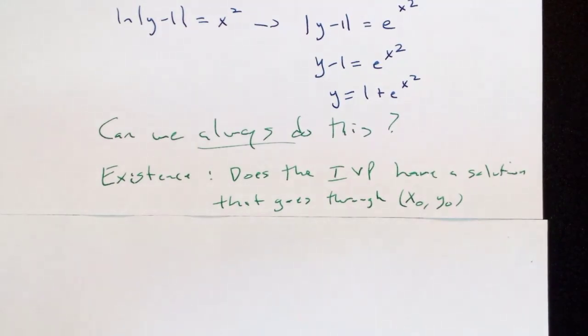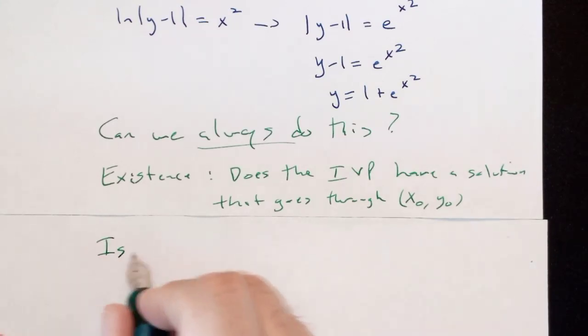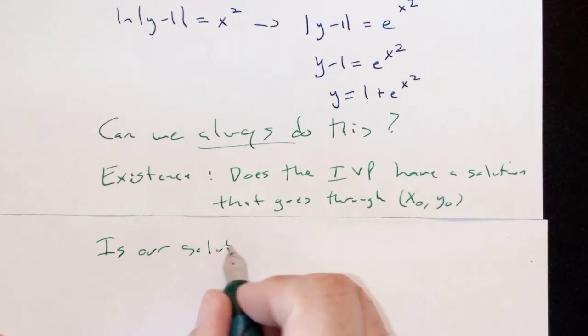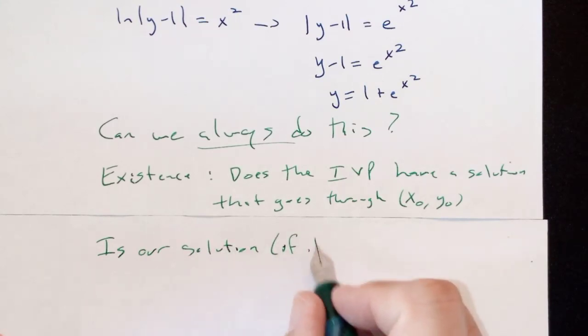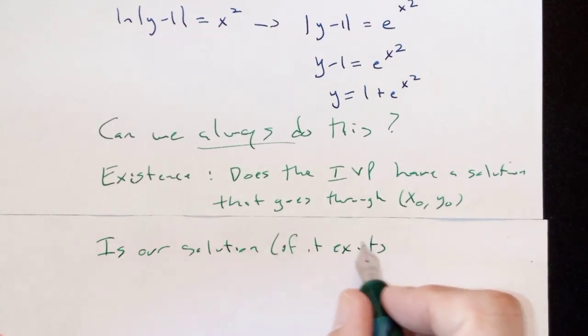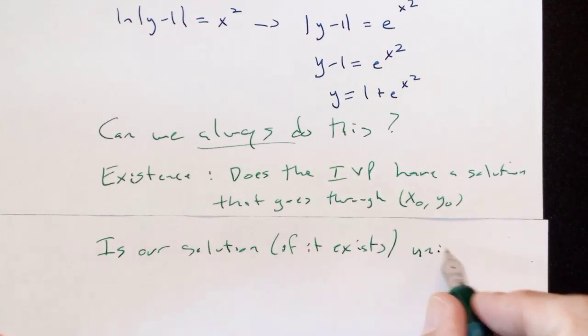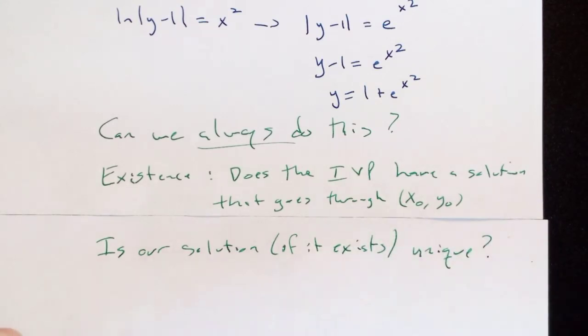If I had a second order, it'd be x0, y0, y prime 0, because again, I'd have multiple initial conditions. So even if I'm just looking at first order, can I solve the problem? Does it go through the point I'm looking for? And second, is that solution unique?